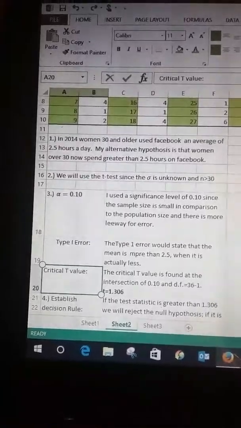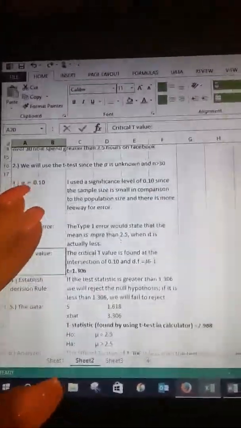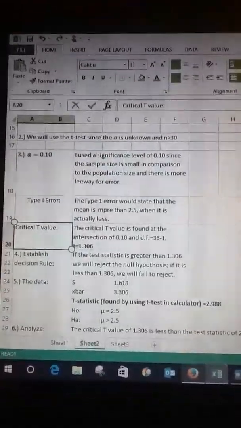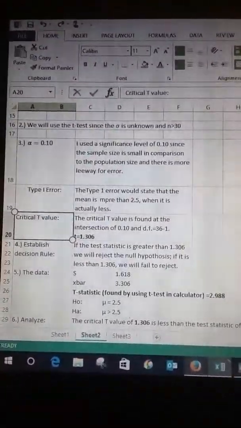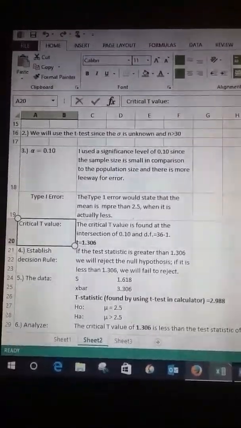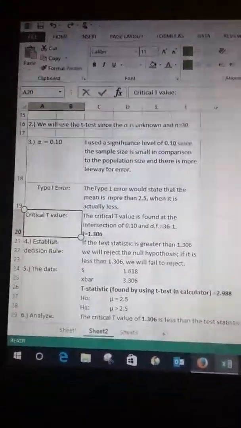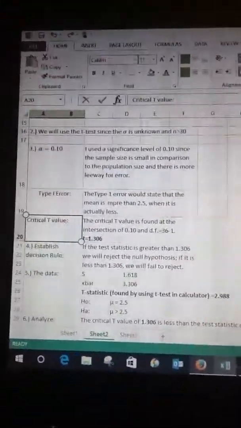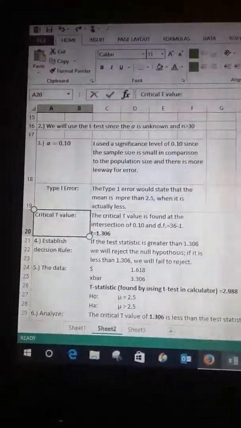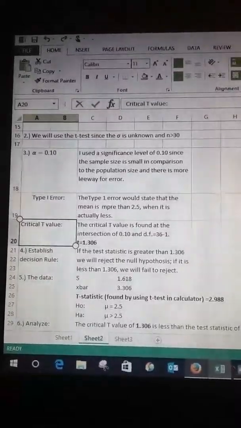So we're going to use the t-test since the standard deviation is unknown and since my population is greater than 30. And I used a significance level of 0.10 because I know that my sample size is very small in comparison to the actual population size, and therefore it's probably not nearly as accurate, and that leaves me a lot of room for error.